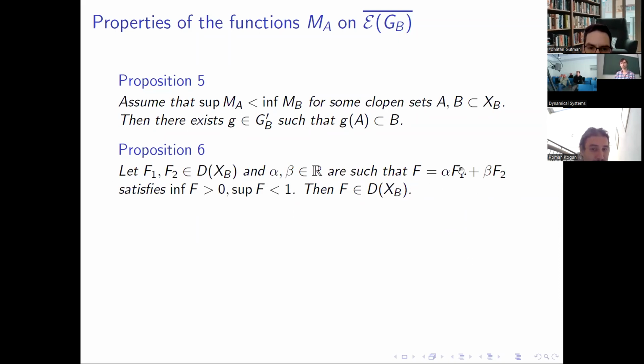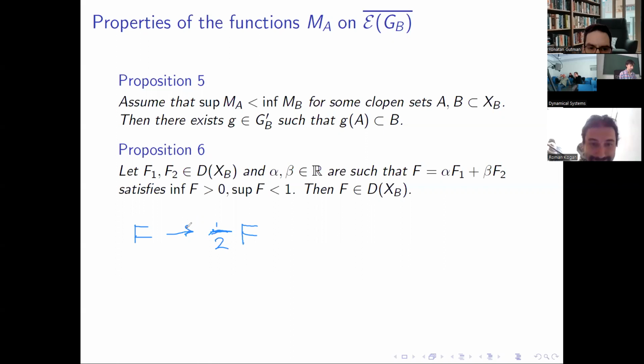So just a couple of words about the proof, just to give an idea. For instance, let's see how to go from function f to function f/2.